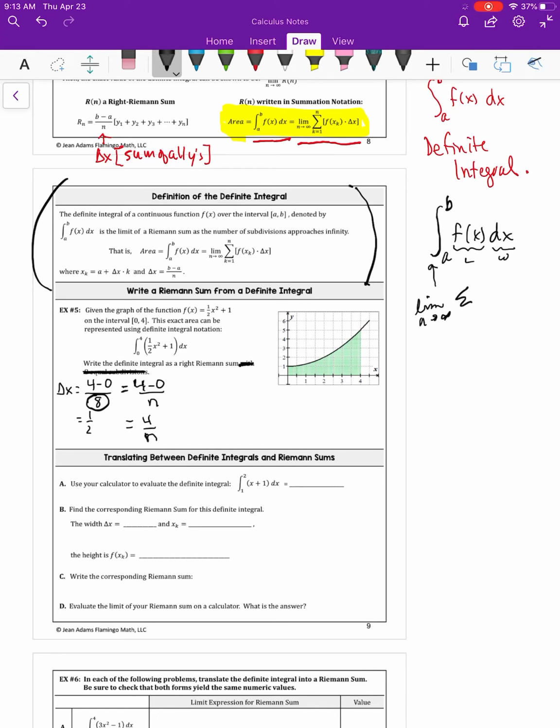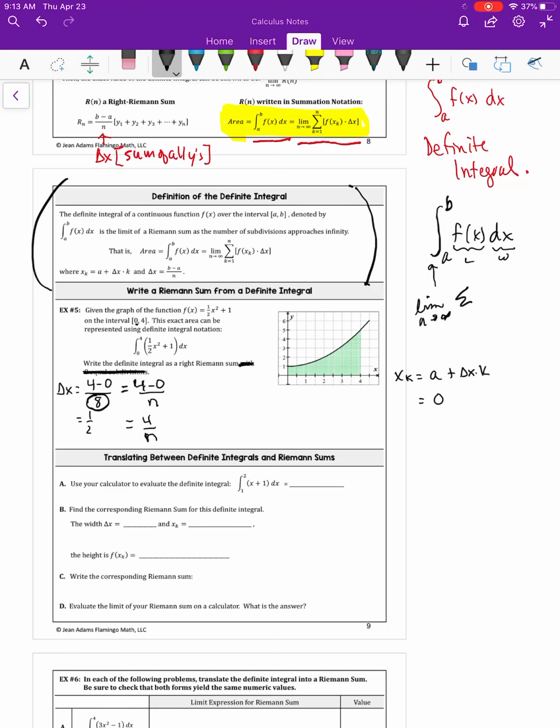I think it wanted you to just write the definite integral as a right Riemann sum. So look at the difference. If they would have said 8, I would have put 8 here, and I would have gotten 1/2. If they don't say 8, you have to just say there's n number of subdivisions, and then we're going to take n to infinity.